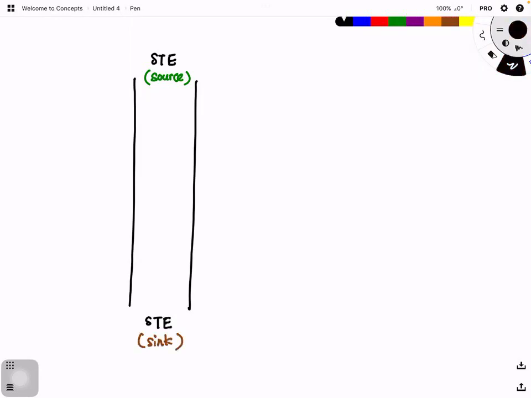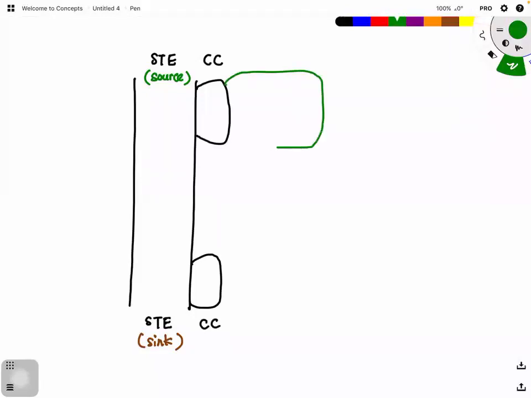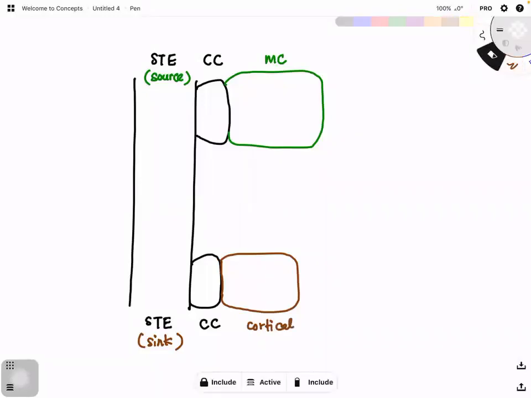Both of them have companion cells, CC. At the source you have the mesophyll cell. At the sink, for example in the roots, we have the potato tuber, so we have cortical cells, or cortex, for storage.